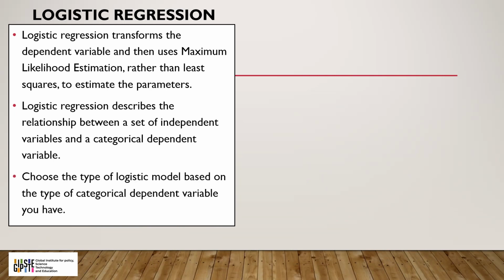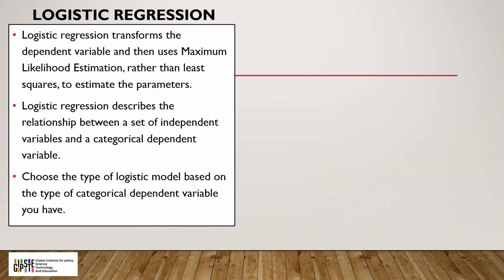But there are different forms or advanced types of logistic regression. Choose the type of logistic regression model based on the type of categorical dependent variable that you have. So the scale of measurement is key here. If it's binary, you need to know the type of logistic regression to use. If it's ordered, you need to know the type to use.